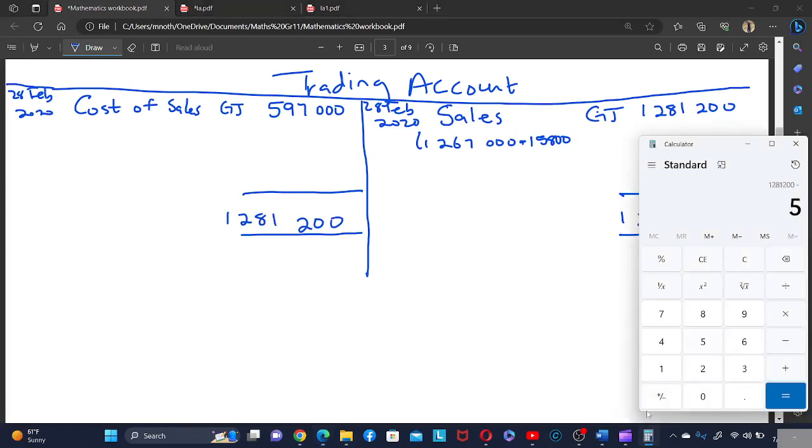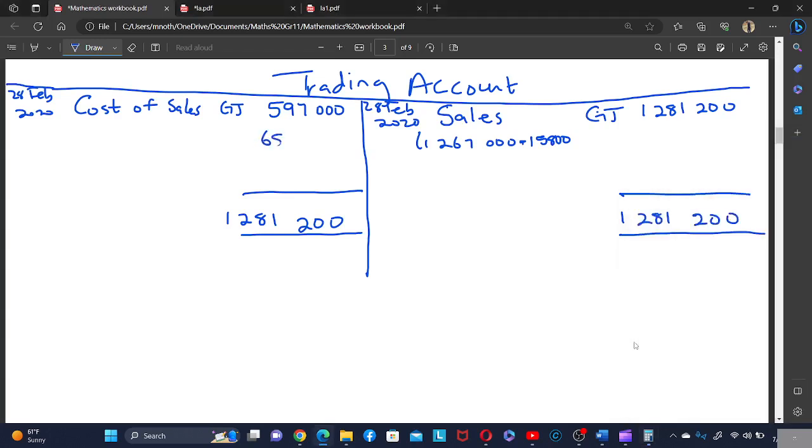So the difference between 597,000 and 1,281,200 is 684,200. So we call this a profit and loss. So this is going to the profit and loss. So actually this is a gross profit. Okay, so it is going to the credit side of the profit and loss.